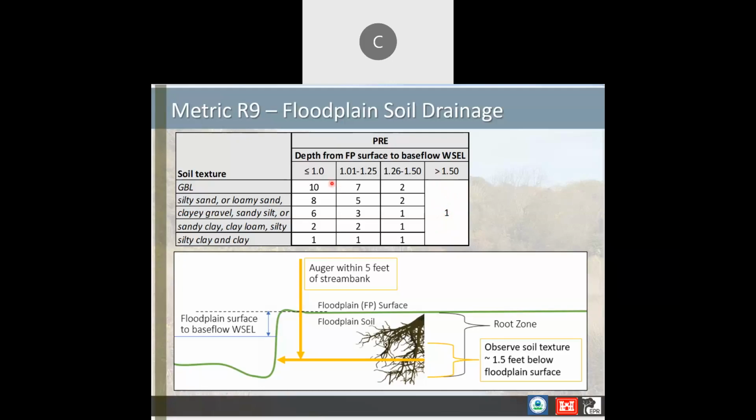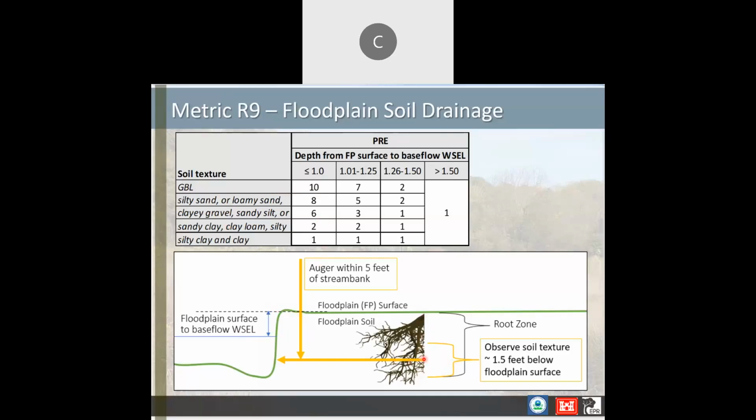However, if you are less than that 1.5 feet between your floodplain surface and your base flow water surface elevation, then you will also need to determine your soil texture, and it's the soil texture within the root zone of the floodplain soil. So specifically at a depth that is about 1.5 feet below the floodplain surface.